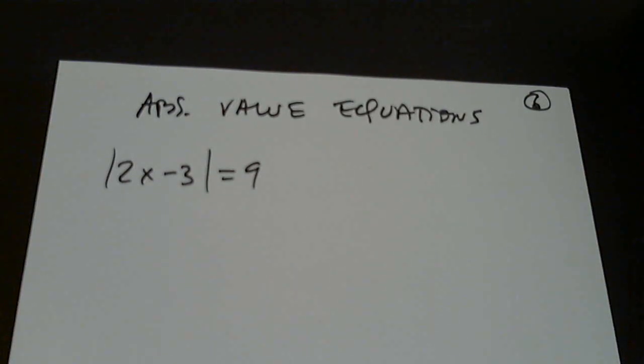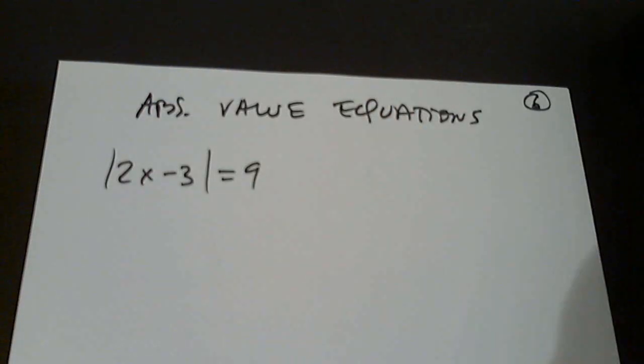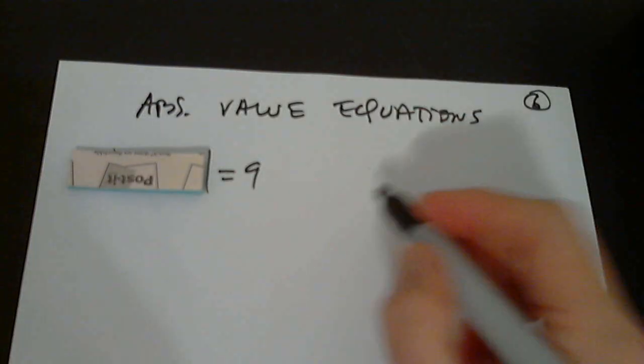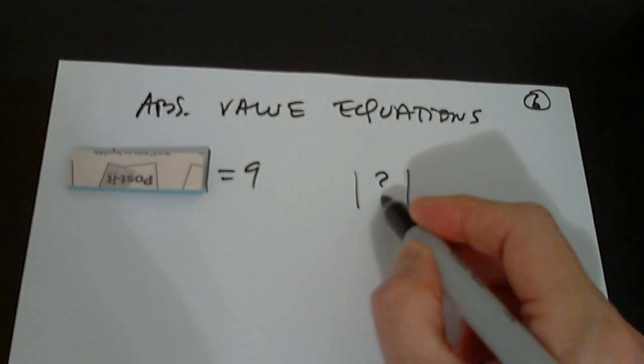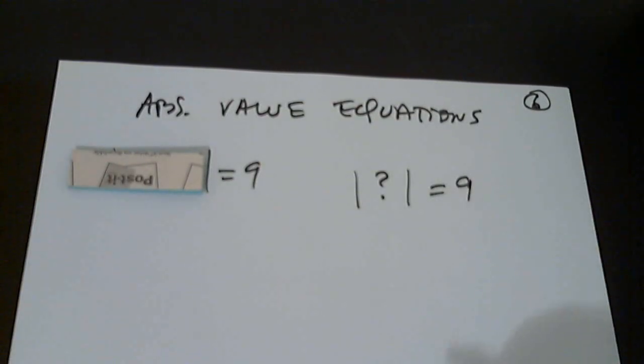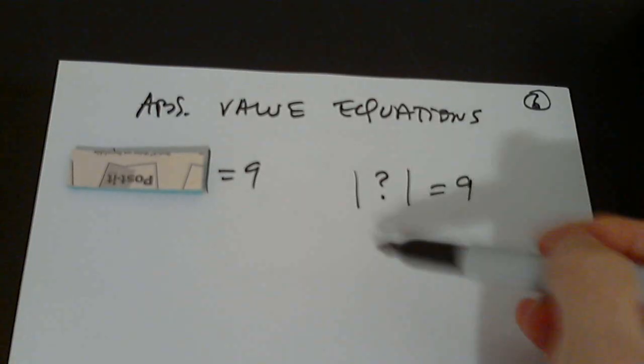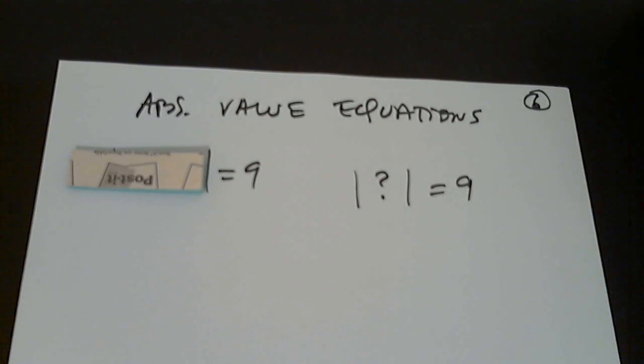So here's a question for you. I have the absolute value of a number equals 9. What can this number be? What do you think, so that its absolute value is 9?